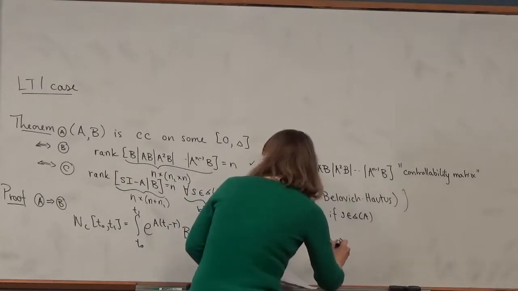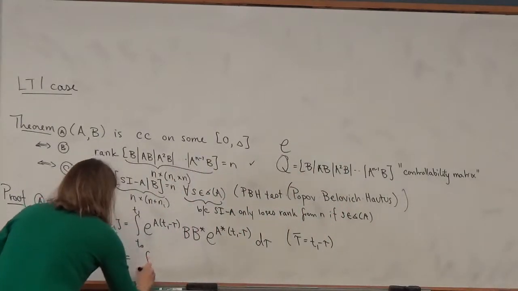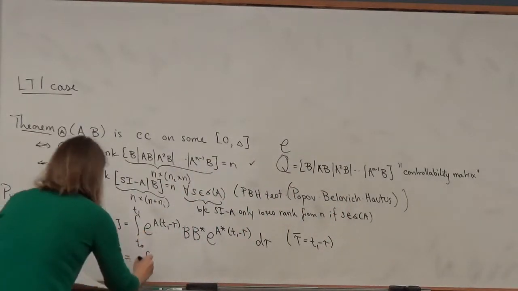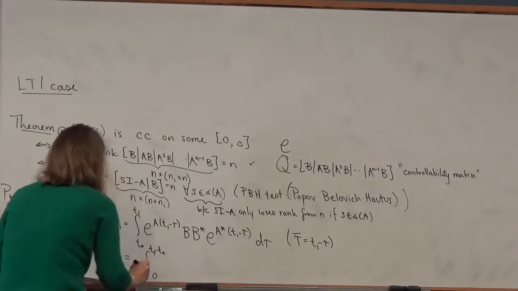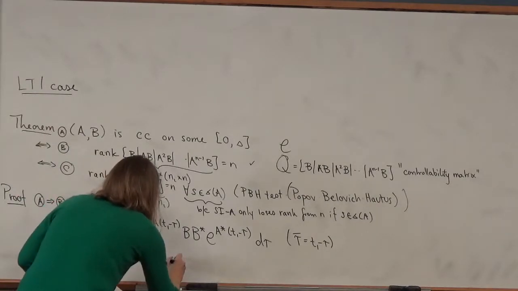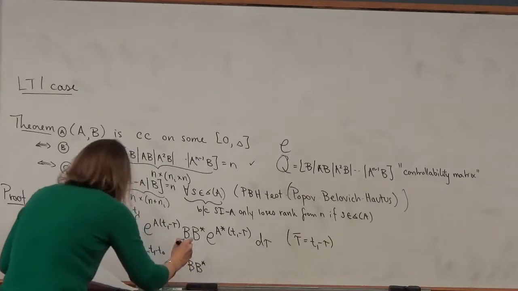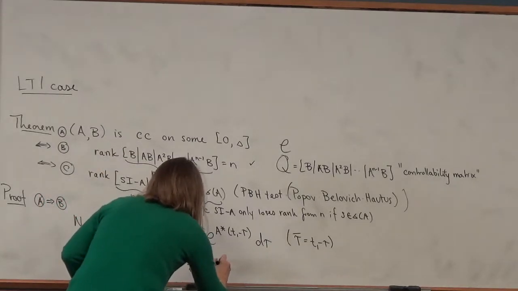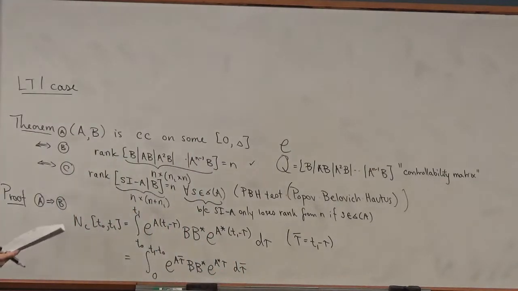And I'm going to rewrite that integral as the integral from 0 up to T1 minus T0 of e to the A tau bar, B, B star, e to the A star tau bar, d tau bar. Okay, so it's simpler. And then I'm just going to define delta to be T1 minus T0.